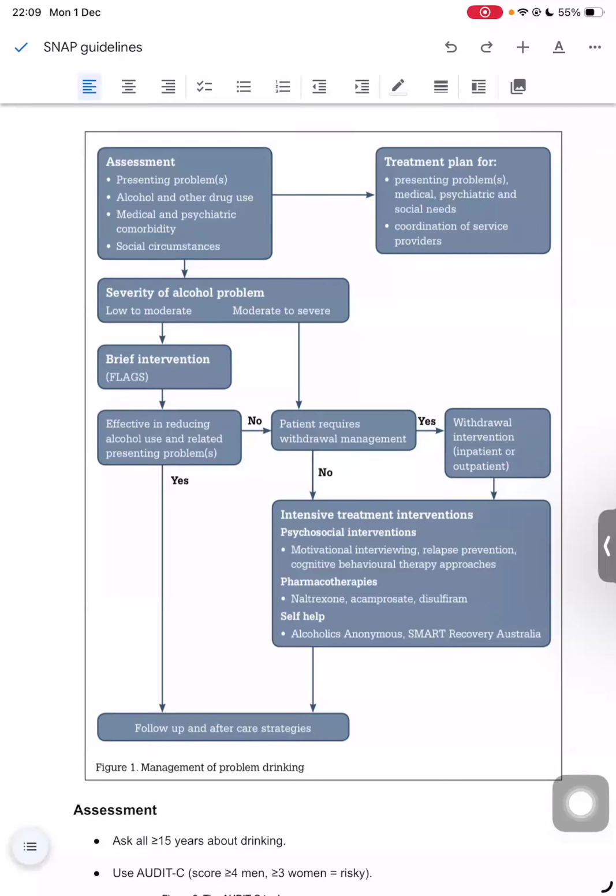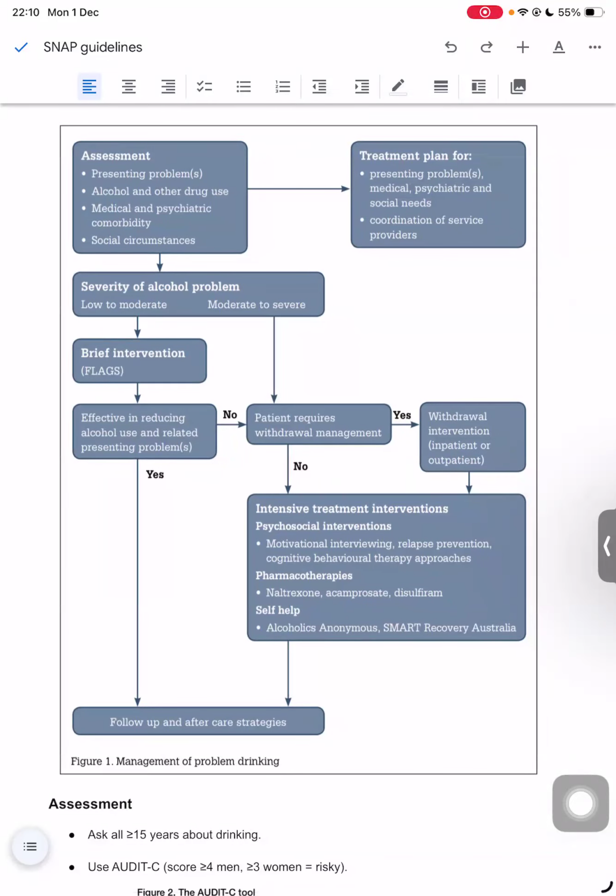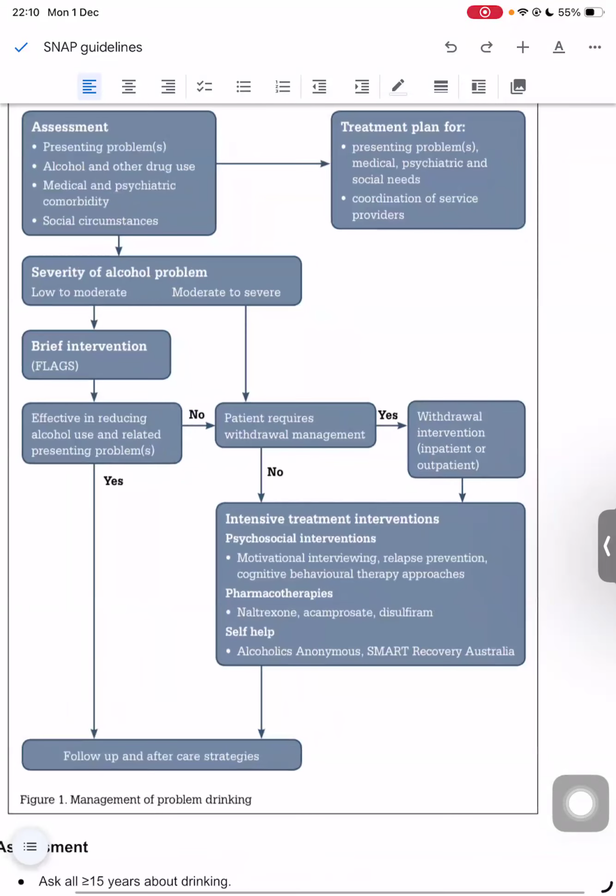If the brief intervention is effective and reduces alcohol use, then we only do follow up and aftercare strategies. If brief or motivational intervention is not effective, then again we have to go with withdrawal management. I'll explain what withdrawal management is later.